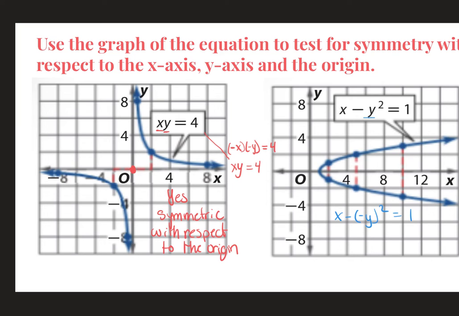When we simplify this, well, a negative squared is just going to be a positive. So I do end up with the same equivalent function. So symmetric with respect to the x-axis.